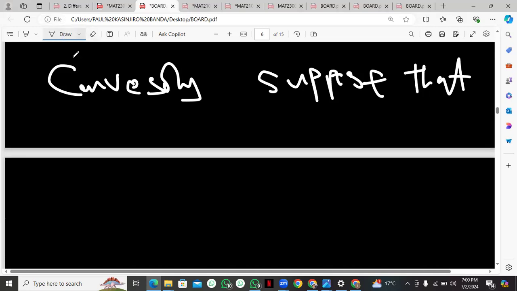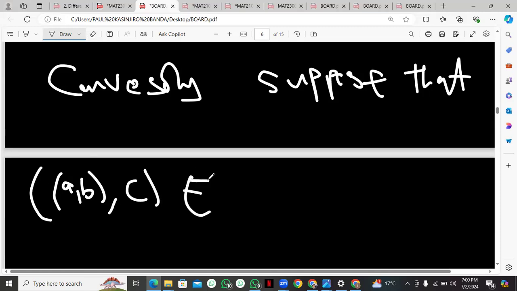So you have to use a coordinate. Conversely, suppose that I have A, comma B, which I'm taking as one coordinate, comma C, which is a member of the set that I had on my right-hand side. On my right-hand side, I had X, then Y, and then Z.